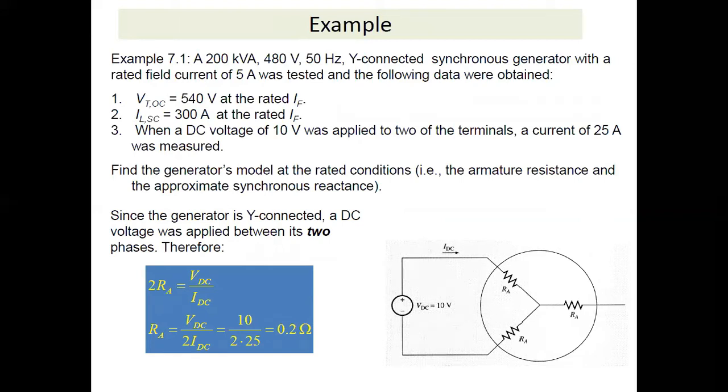So RA is equal to the DC voltage, which is 10 volts applied across two terminals, divided by 2 into IDC. The 2 is there because two terminals means we have considered two phases, so it's a resistance of two phases. Therefore, the value of the resistance of the armature circuit is 0.2 ohm.